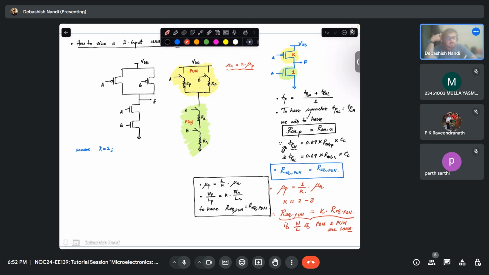So now understand one thing. What is the worst case resistance in case of pull up network? What is that for the pull up network and what is that for the pull down network?